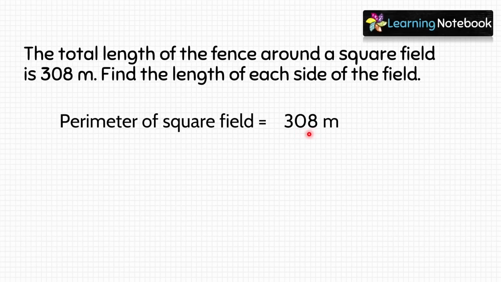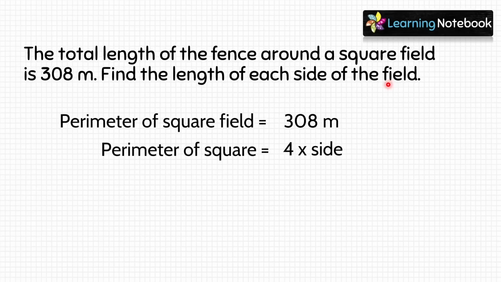And what do we have to find here? We have to find length of each side of this square field. So what is the formula to calculate perimeter of a square? Yes, it is 4 into side. Let's put the value of perimeter of the square field, which is 308, which is equals to 4 into side.